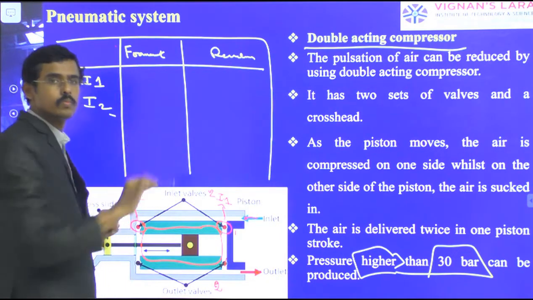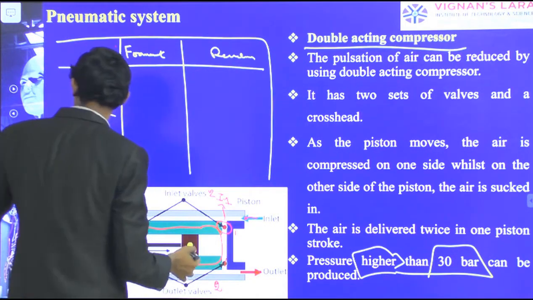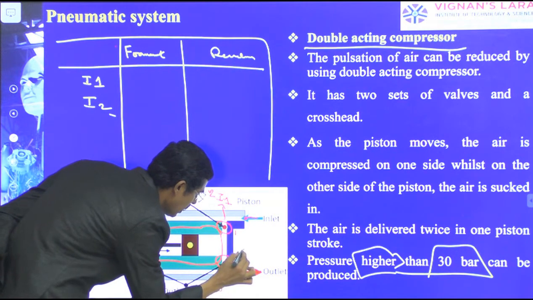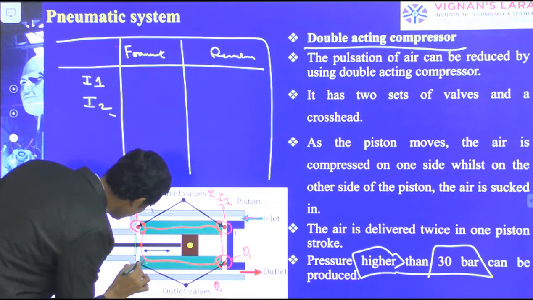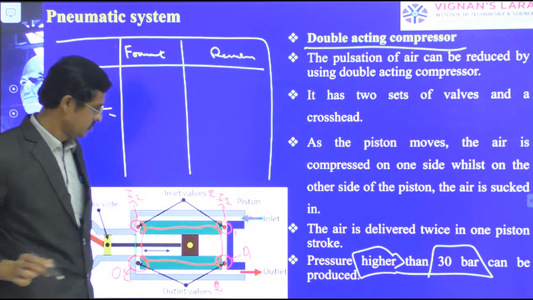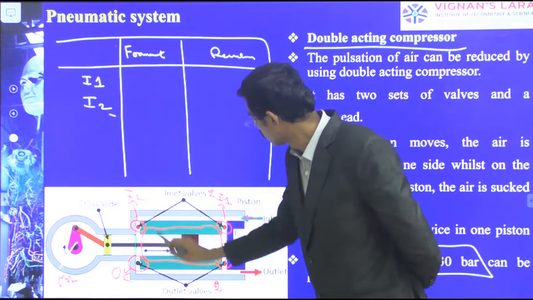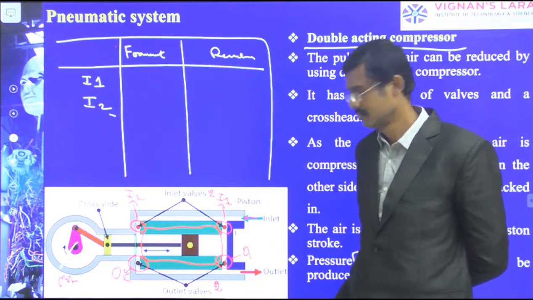Later, the outputs are here. Again I am marking this condition as output 1, and here also I am marking this as output 2. So you can check here: input 1, input 2, output 1, output 2. Likewise I have marked.